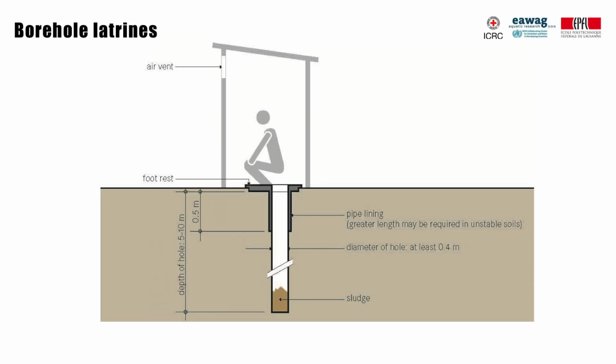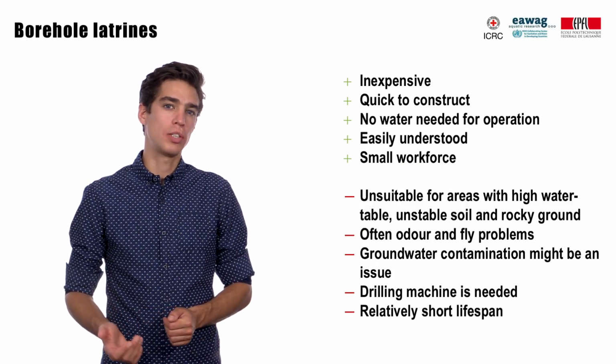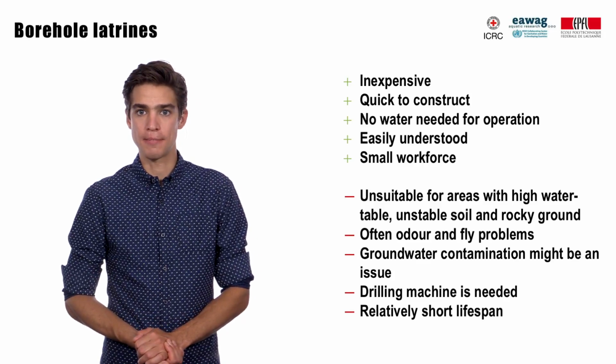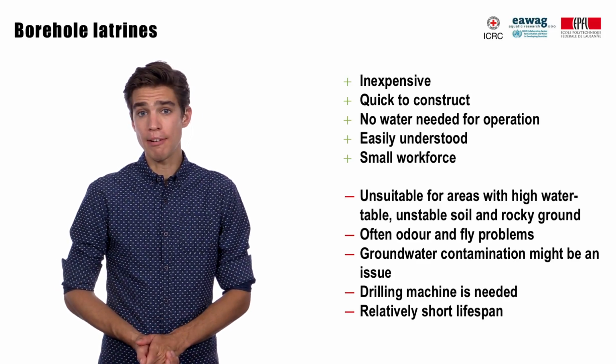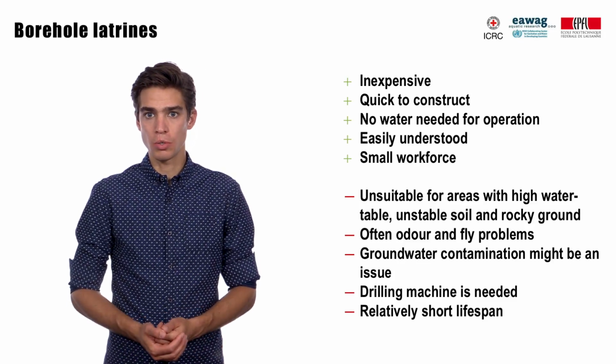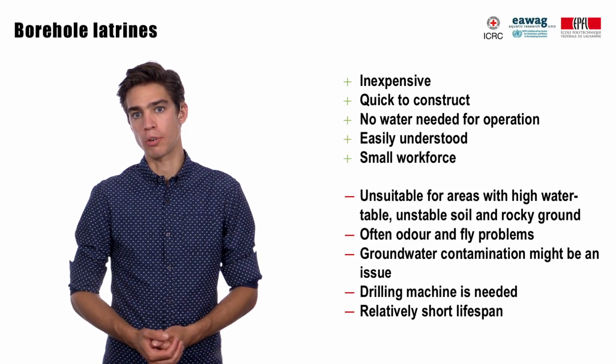The borehole is then used like any other pit. A lining of the pit in the top section is also required, especially when there is an unstable soil. For obvious reasons, this technology can only be implemented with a borehole driller available on site. If so, it is a very inexpensive and quick way to construct, easily understood, and only requires a small workforce.